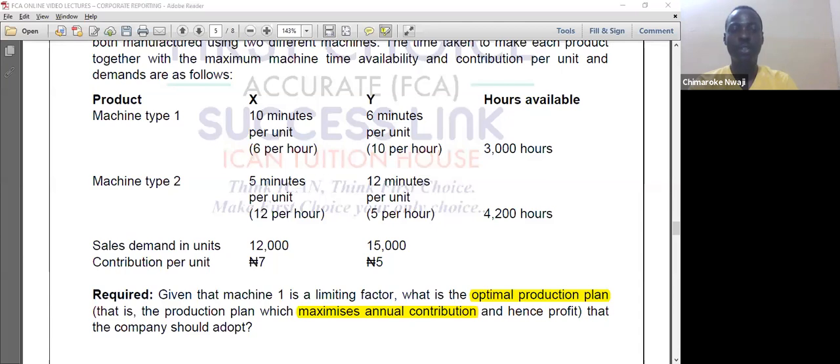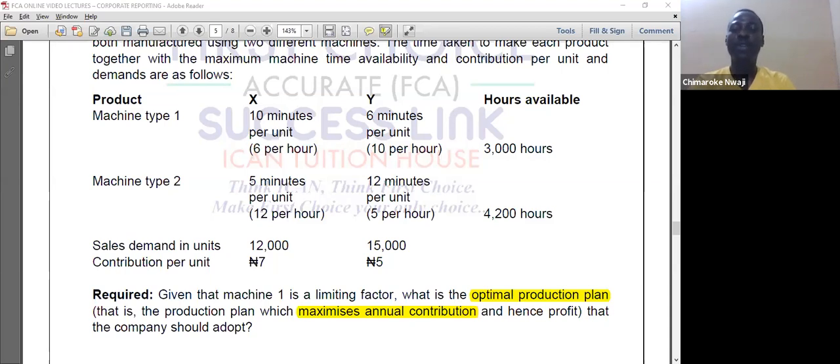Our solution to LF2. So what do we have here? The first step, we said, step number 1, we should identify or calculate the contribution per unit. That's step number 1. You see that contribution per unit was given to us, 7 naira, 5 naira, no problem. Step number 2, identify the limiting factor.